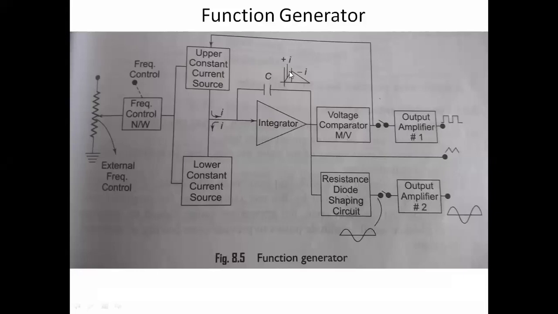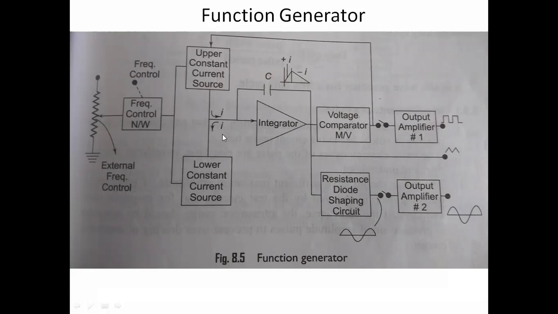In such a situation, the voltage comparator multivibrator, here the voltage comparator multivibrator, whenever the capacitor is charged to a predetermined maximum value, this multivibrator will produce a pulse. By that, the upper constant current source is disconnected and the lower constant current source will be connected. So there is a switching mechanism available here.